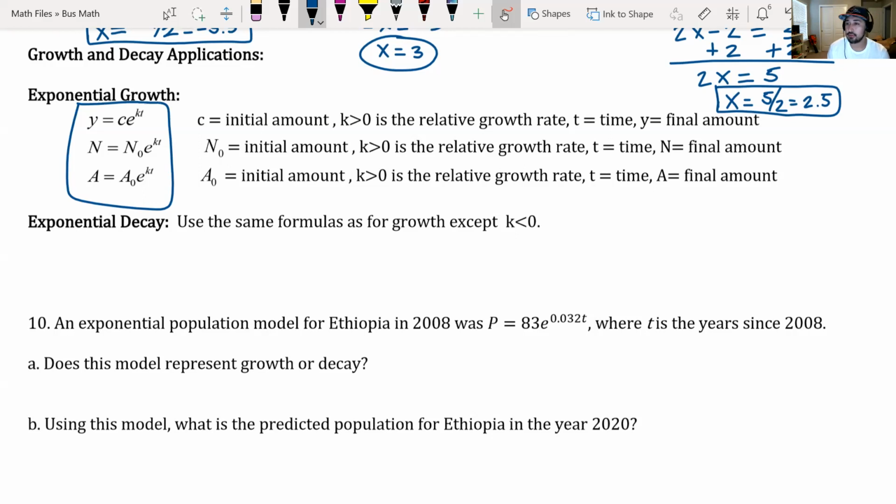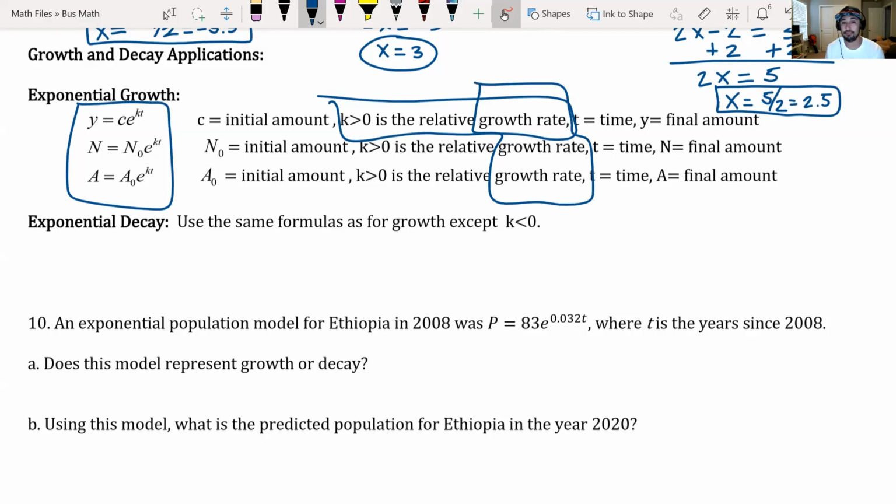Now you have an exponential function with the base of e on all of these. So now you see that all of these have e to the kt. If k is greater than 0, this means that our function represents a growth rate.